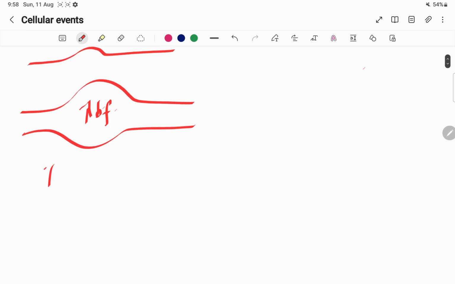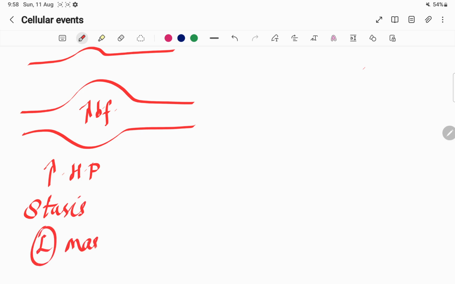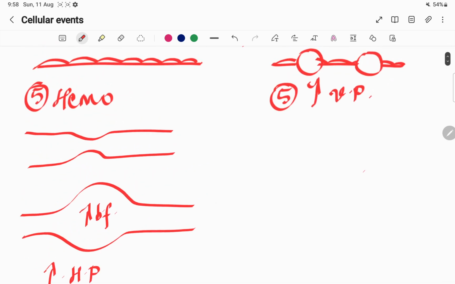Then increased hydrostatic pressure that contributed to the edema. Then slowing or stasis of blood. And the last one was leukocytic margination, അല്ലെങ്കിൽ emigration, peripheral orientation of the leukocytes. So those are the 5 hemodynamic changes.